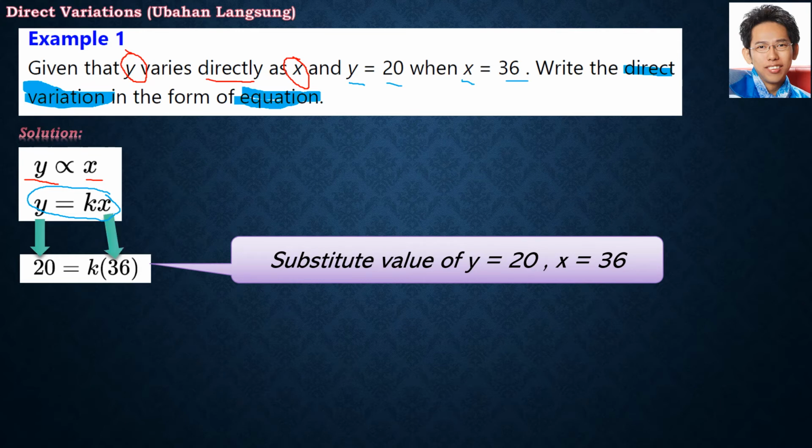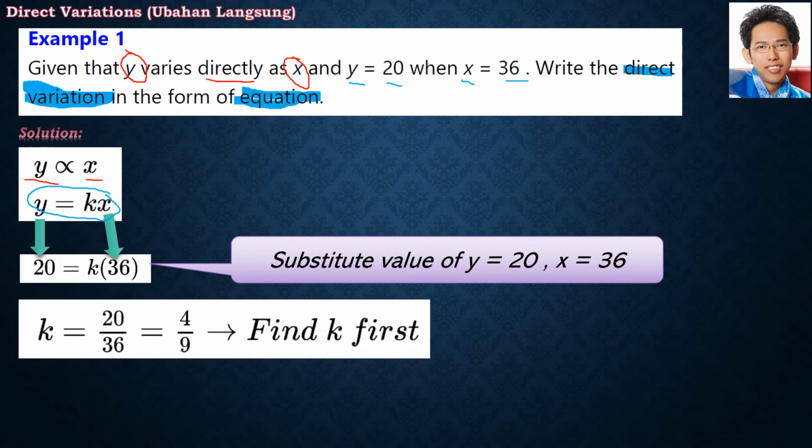Actually our purpose is to obtain the value of k. We want to know the value of k, because in the equation later on we cannot leave it in the symbol of k. We must know the value, because k is a constant, it never changes value in these equations.